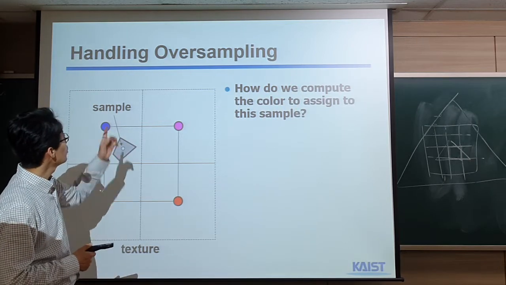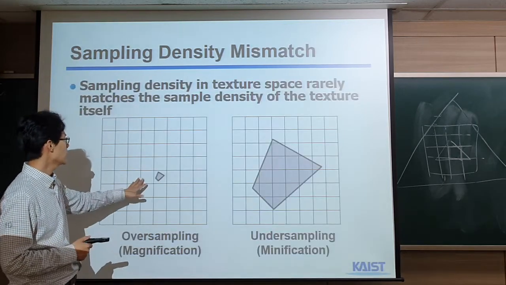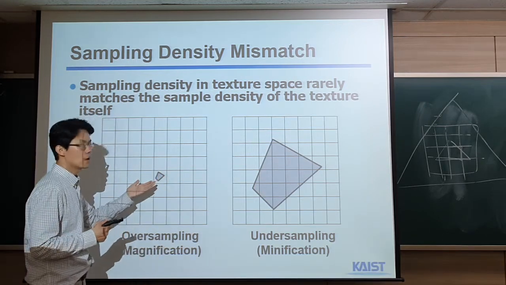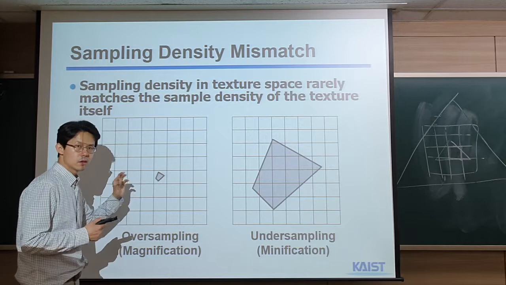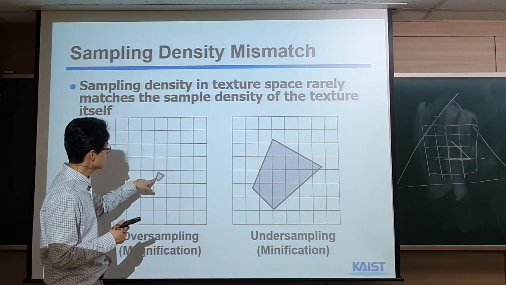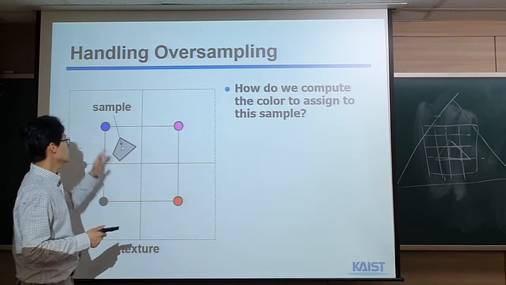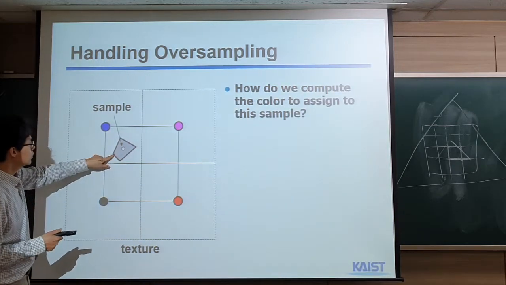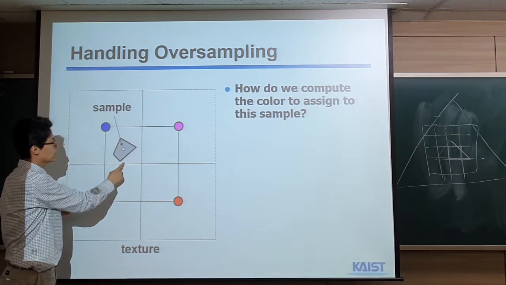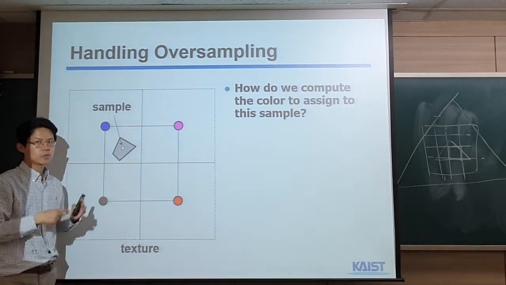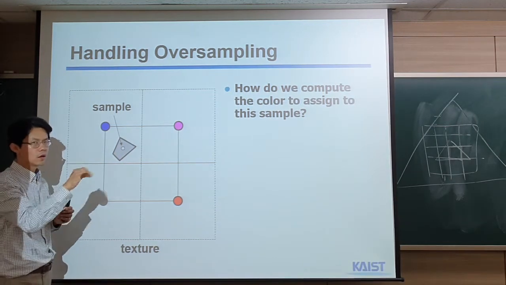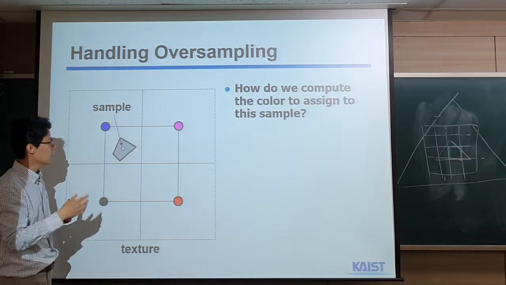First of all, let's talk about the oversampling issue here. In this case, a pixel of the triangle maps to a very small region in the texture map. Since looking at this rectangle of arbitrary shape takes a lot of time, we usually take point sampling, right?